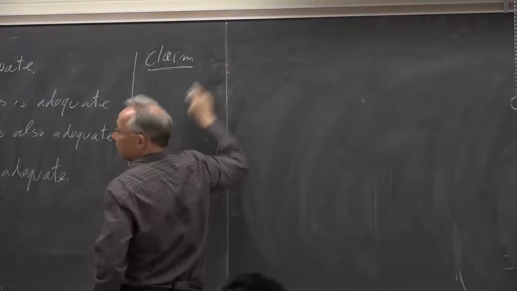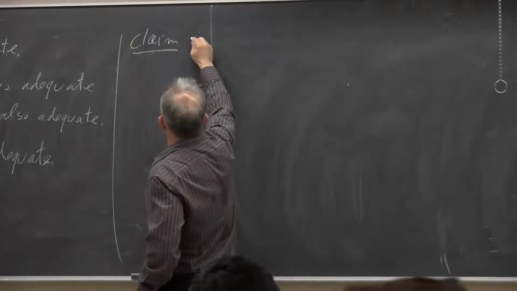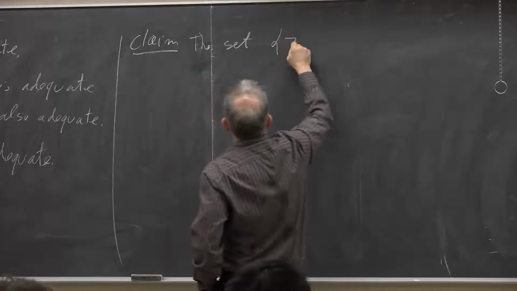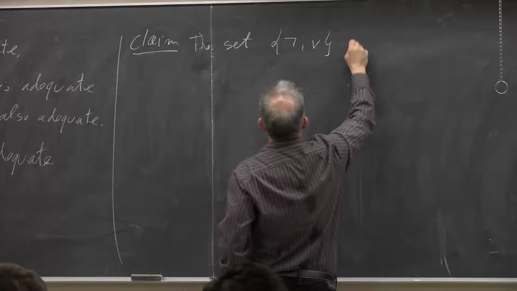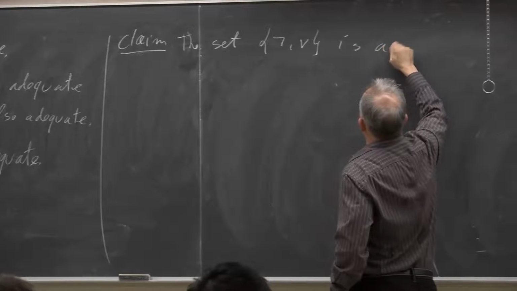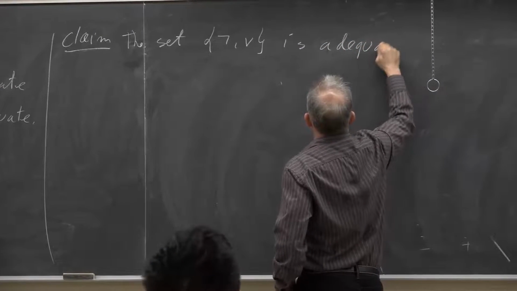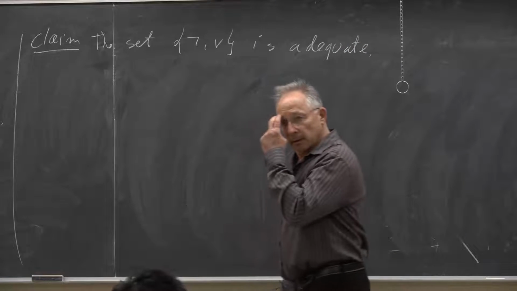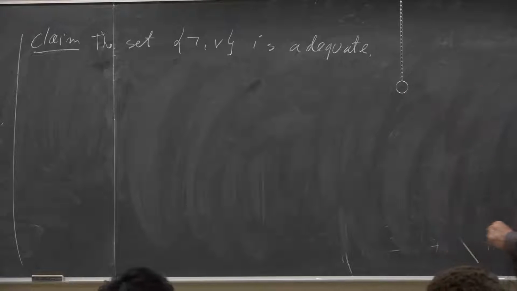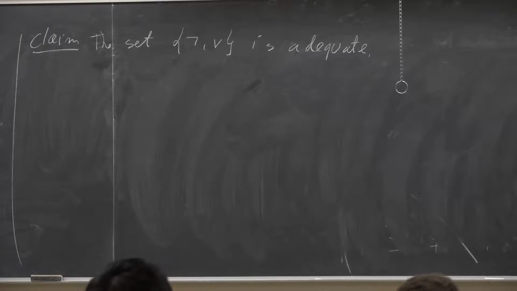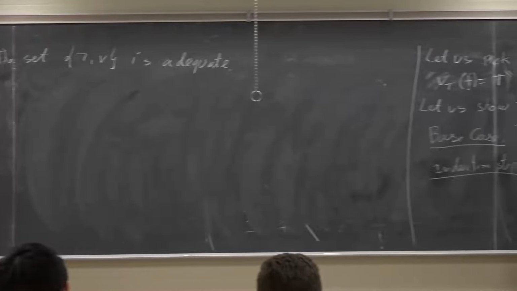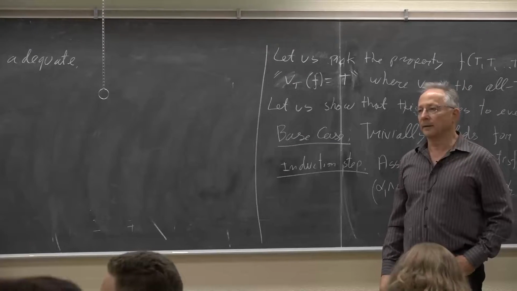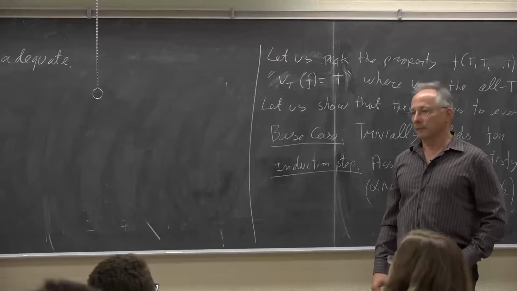I claim that the set that contains only negation and OR is adequate. So now the proof is even simpler. Technically, if we show that we can implement AND, exactly.